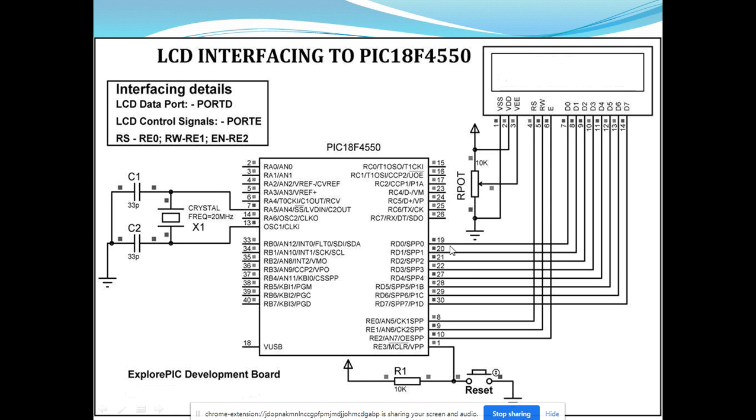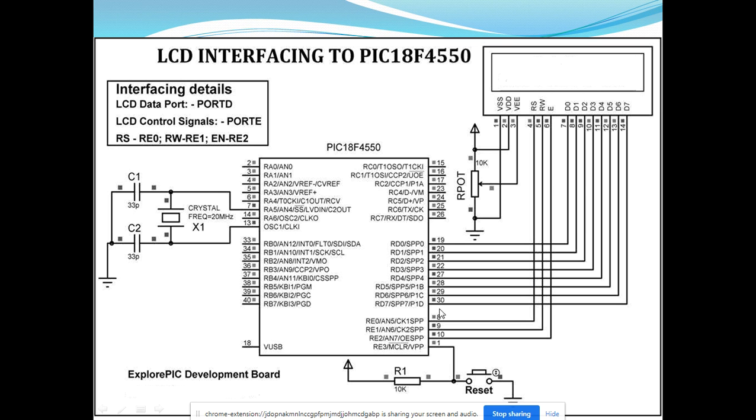Port D of PIC18F4550 is used for sending data to the LCD, and 3 control pins are connected to port E. RE0 is connected to the RS pin, RE1 is connected to the read/write pin, and RE2 is used for enabling the LCD.